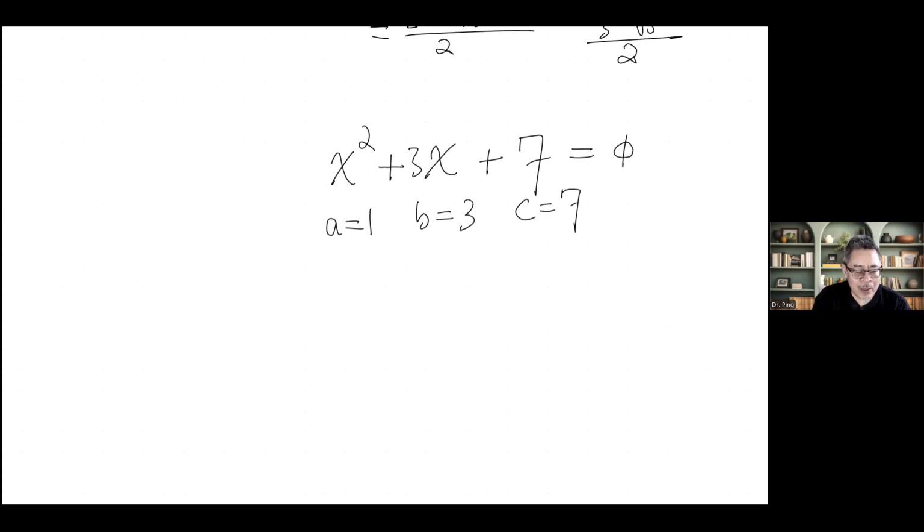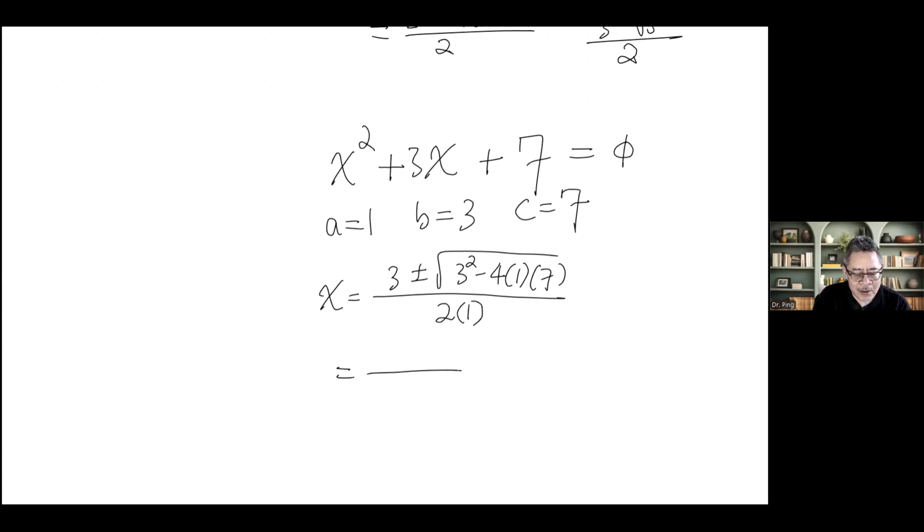So now we have x equal to negative 3 plus or minus the square root of 3 squared minus 4AC. A is 1, C is 7, and there is 2 times 1. So what we got here is negative 3 plus or minus the square root of 9 minus 28 over 2.